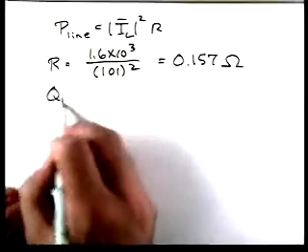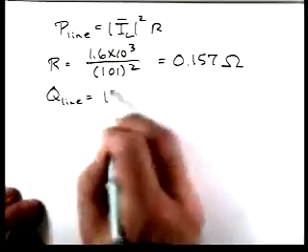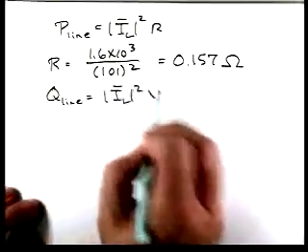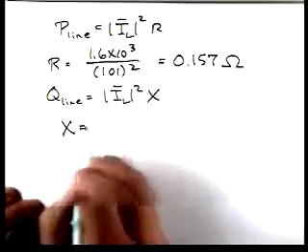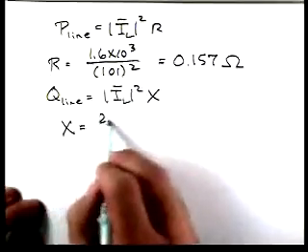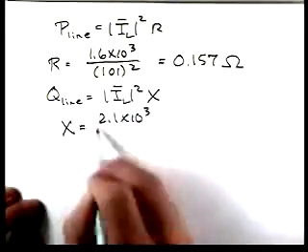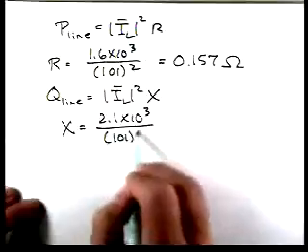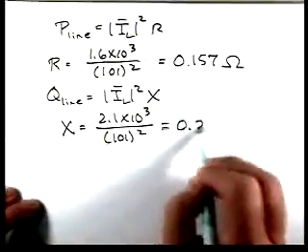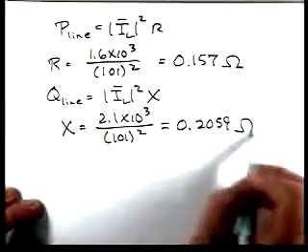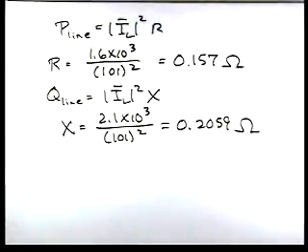And Q of the line would be the magnitude of IL squared times X. So X would be 2.1 kilovars divided by the 101 squared, which would be 0.2059 ohms. Okay, so we calculated R and X, or we demonstrated it now.